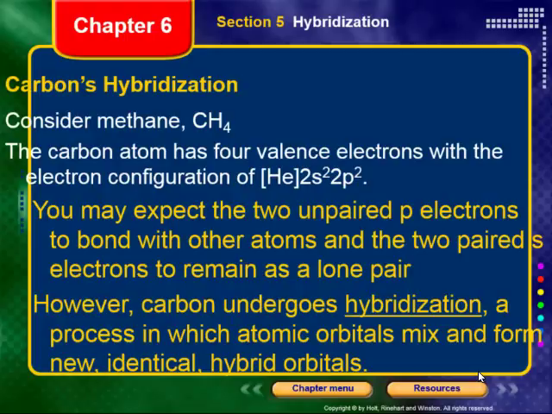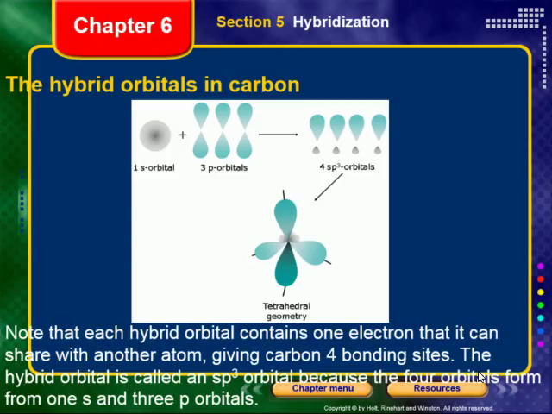However, carbon undergoes hybridization, a process in which atomic orbitals, in this case the 2s and the 2p, mix and form new identical hybrid orbitals. So with carbon, we take the single s orbital and the 3 p orbitals that carbon has, and we mix them all together, and we separate them out into now 4 orbitals.